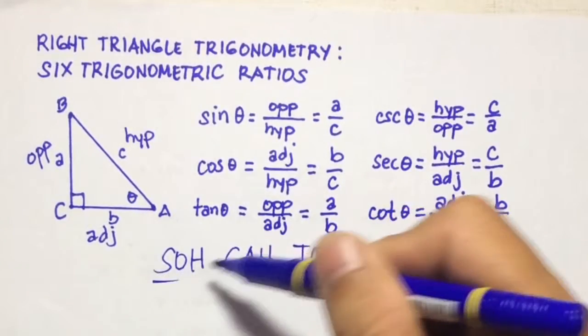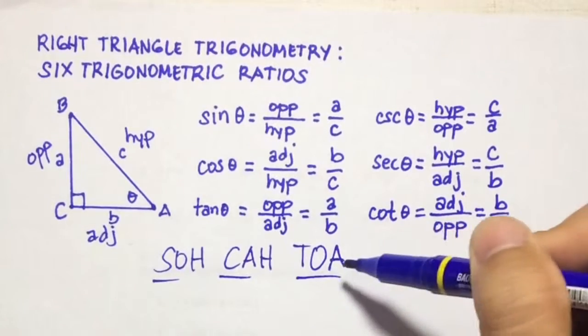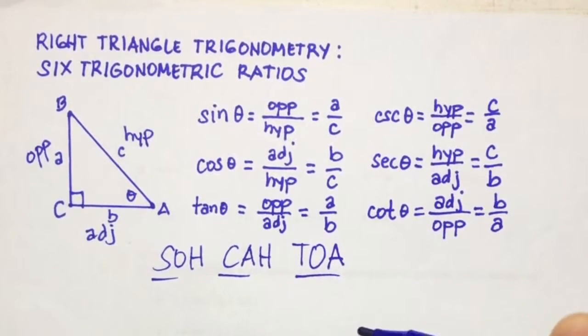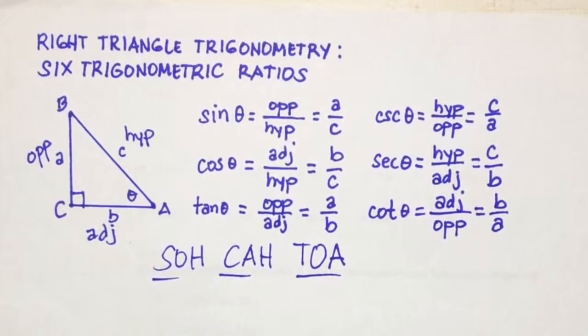So these are just the mnemonic that is used so that you will not forget the 6 trigonometric ratios.